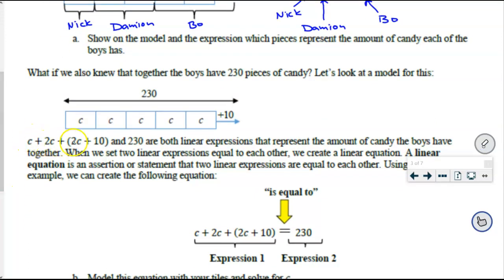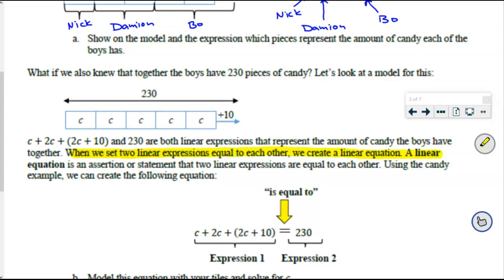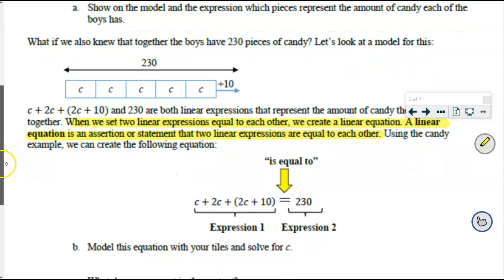C plus 2C plus, in parentheses, 2C plus 10 and 230 are both linear expressions that represent the amount of candy that the boys have. When we set two linear expressions equal to each other, we create a linear equation. A linear equation is an assertion or a statement that two linear expressions are equal to each other.